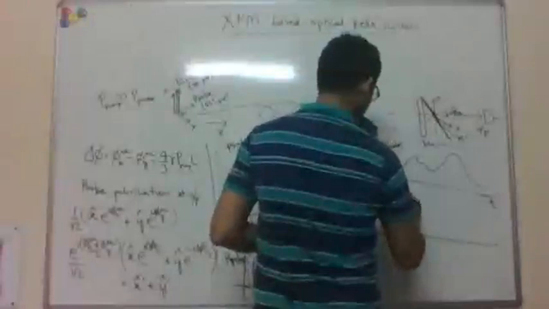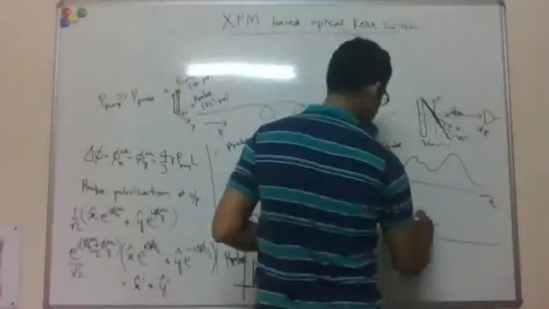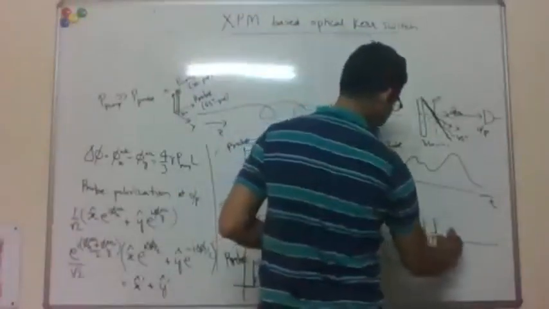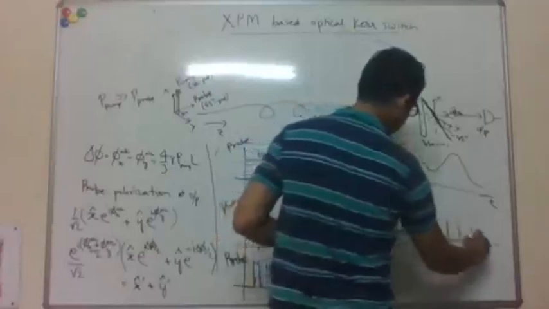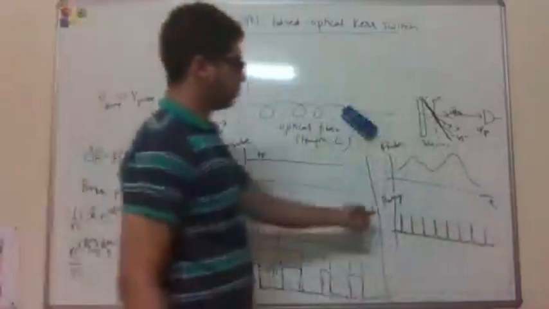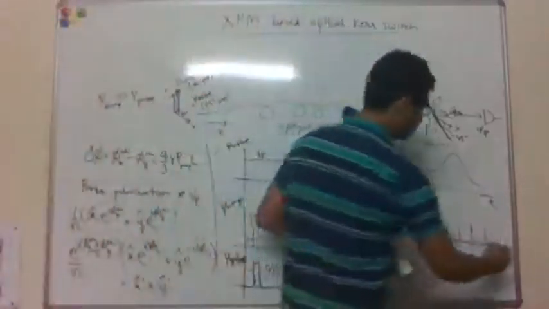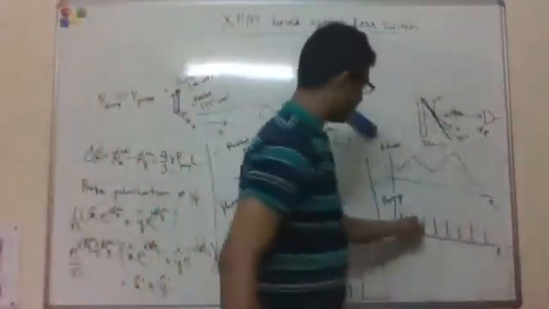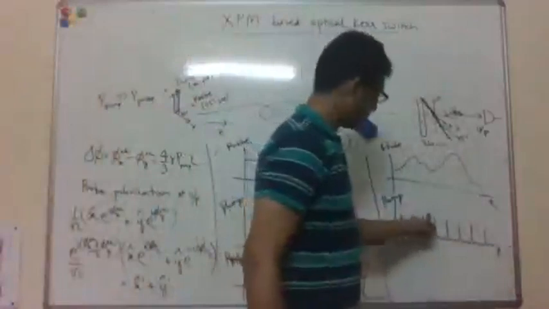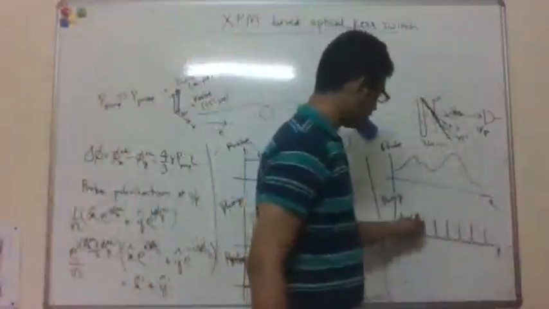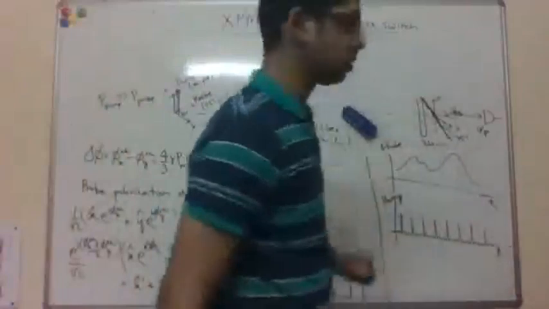Then my pump, let's say, is a mode-locked laser, so it is periodically giving out pulses, with some particular repetition rate. It's an ultrashort pulse laser, so the pulse width is quite small compared to the time scale of the variation of the signal.